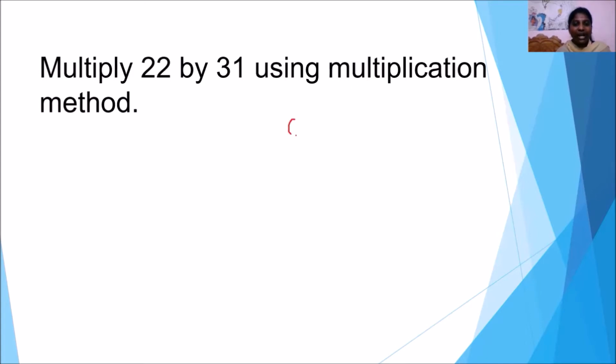Here you have to write the one sentence. Write the numbers according to their places. In the 22, 2 in ones place, another 2 in tens place. Number 31, 1 must be the ones place, 3 should be the tens place. Mention the multiplication symbol. Draw the line.